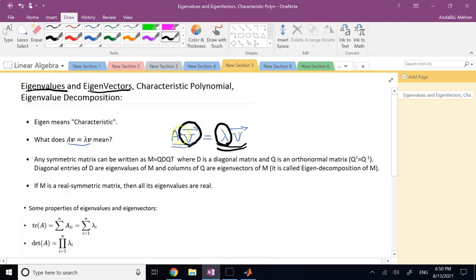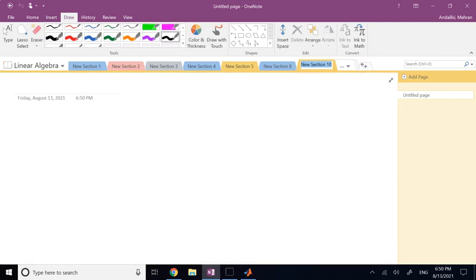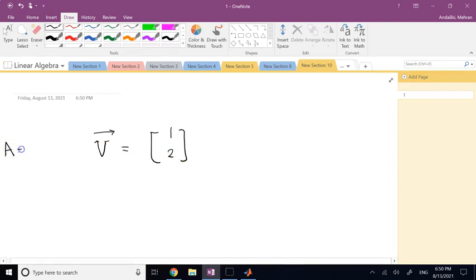Now, as I said, when you multiply A by v, there are two things happening. Let's take a look with something very simple. Let's say v is 1 and 2, and matrix A is 3, 1, 4, and 2.